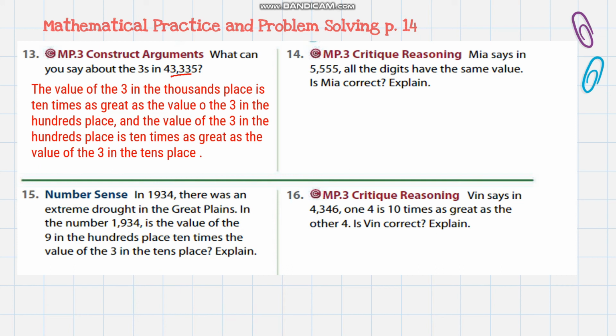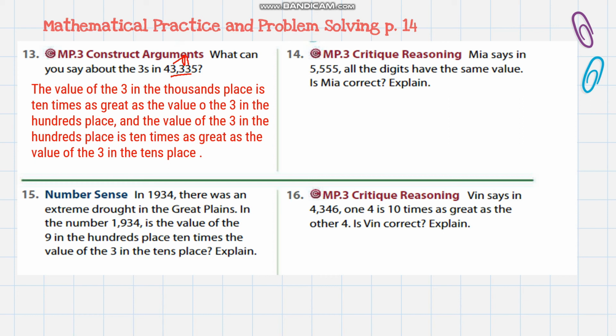So the value of the 3 in the thousands place, this one, is 10 times as great as the value of the 3 in the hundreds place. And the value of the 3 in the hundreds place is 10 times as great as the value of the 3 in the tens place. So that is the relationship between these 3's.